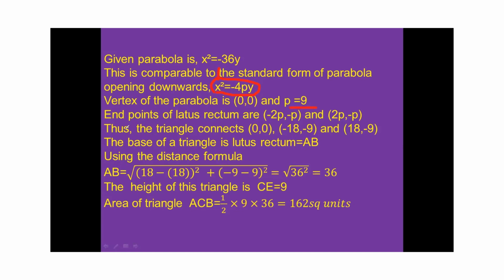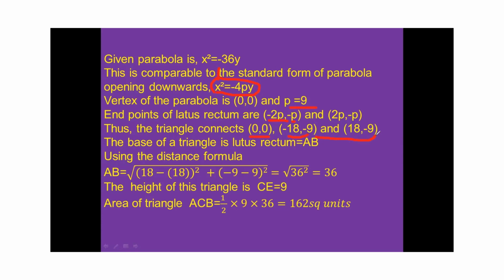The endpoints of the latus rectum are (minus 2p, minus p) and (2p, minus p), so the triangle connects (0, 0), (minus 18, minus 9), and (18, minus 9). These are the endpoints of the latus rectum.